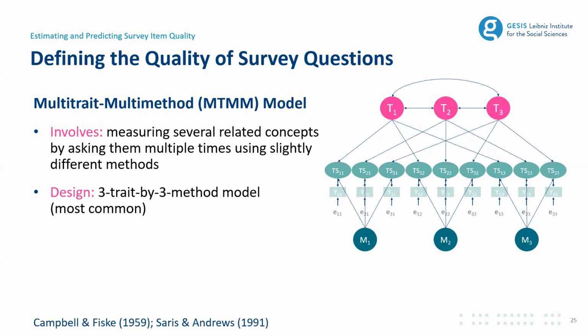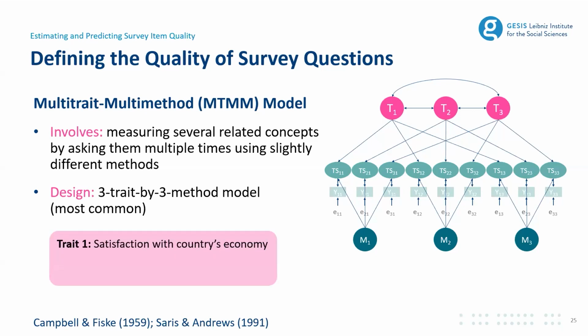And then you have in the middle the TS, which is basically the true score, or the idea of measuring the 3 different traits with specific questions. So to give you an idea here, let's say trait 1 is satisfaction with country's economy, and then trait 2 with the government, and then trait 3 is satisfaction with a certain country's democracy. So these are all 3 different concepts, yet somehow related.